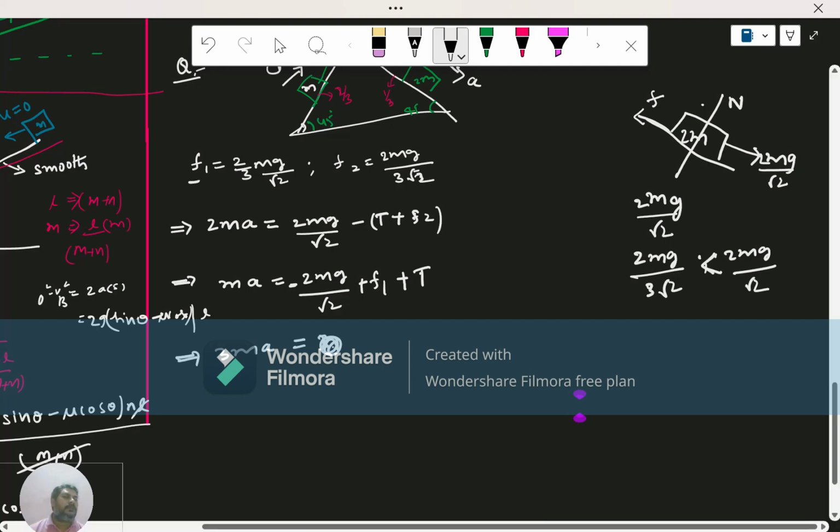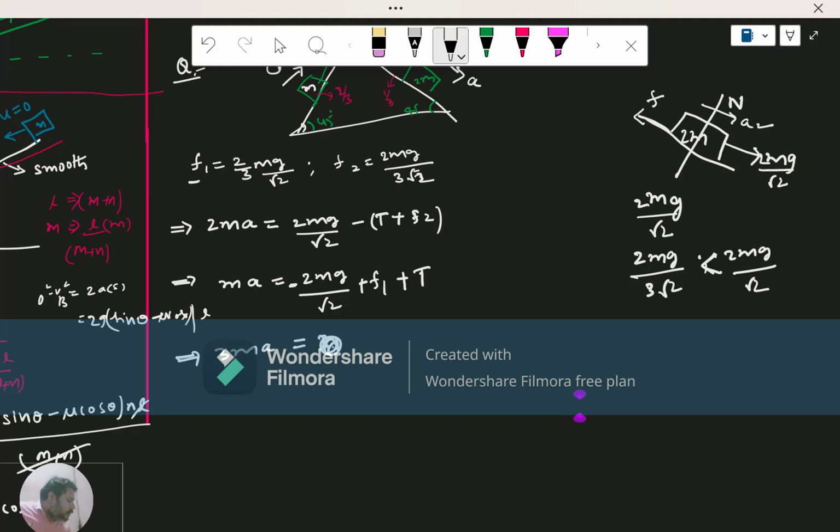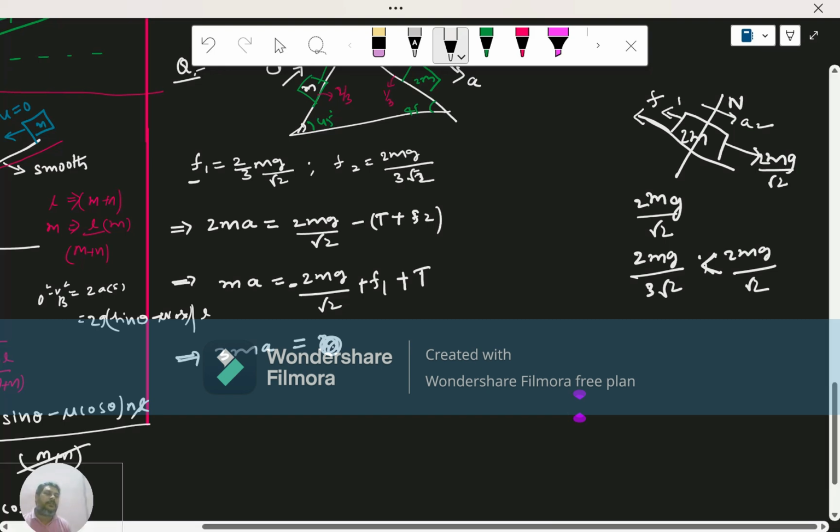That means the block has acceleration downwards automatically. So A2 is downward. Now, 2 mg sin theta, here I can find the tension. For an inclined plane and a rough horizontal surface, I will also explain, then you will understand easily. See now, for the diagonal there is T also there, right?